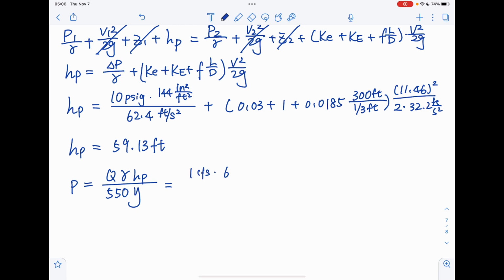The gamma is 62.4. And the pump head is 59.13 feet, over 550 times 0.9, which gives us 7.45 horsepower.